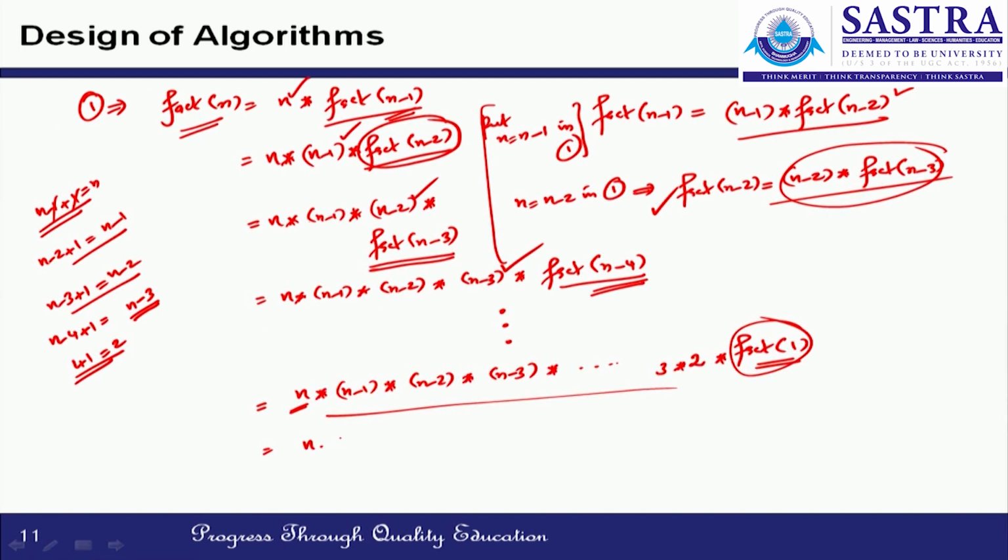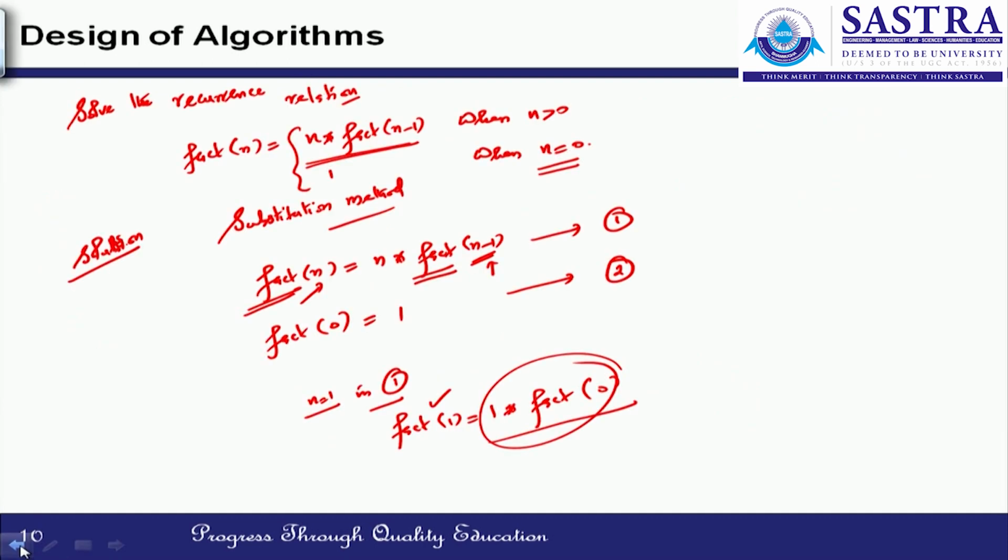n into n minus 1 into n minus 2 into n minus 3 etc., 3 into 2 into fact of 1 is substituted as 1 into fact of 0. Fact of 0 is the next recursive call to be made.